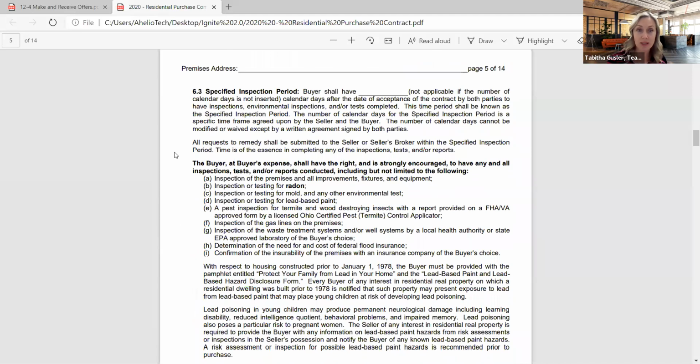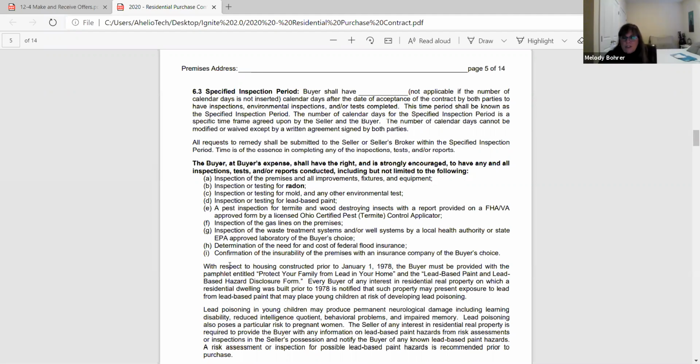That includes, but is not limited to, and I love that they added this section to the contract, A through I. If they would like to test the quality of the water, if they would like to test for radon, if they would like to put a scope through the sewer lines, if they would like to have a structural engineer look at the foundation, all of those things need to happen within that specified number of days, right? And that's that first period of time, that's inspection period.